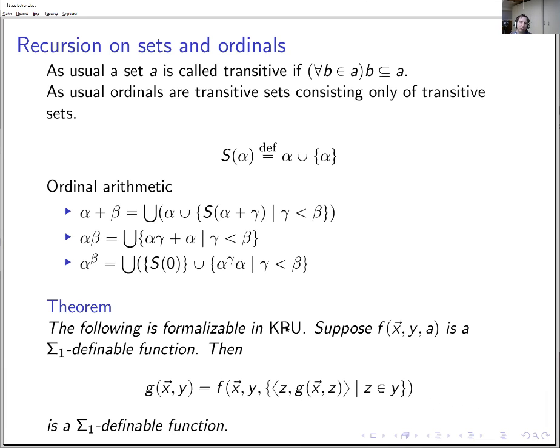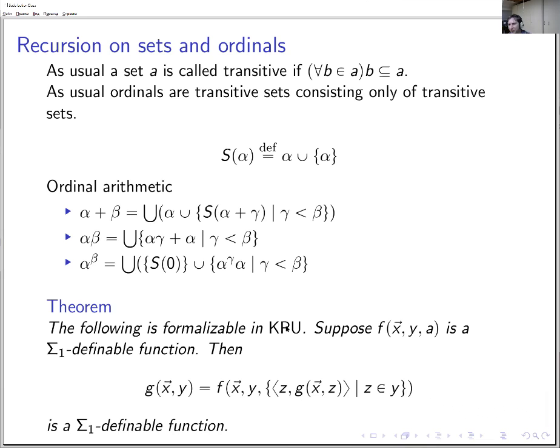First, recall that a set is called transitive if all its members are its subsets. In the case of sets, transitive sets are allowed to have members that are urelements, but all the members that are sets should be subsets of a transitive set.